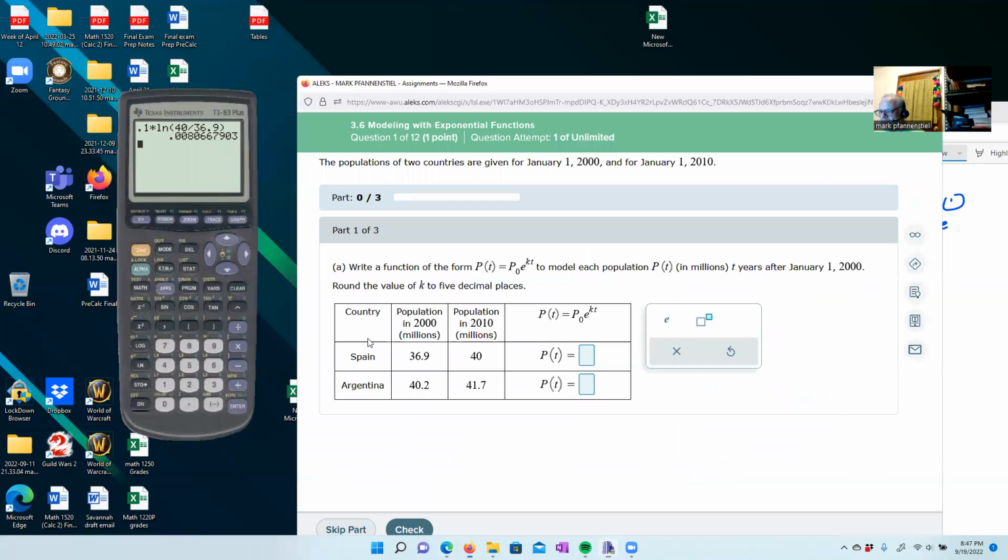So we'll go in here and say, okay, what do we want? We want P of t equals, what's my initial population? It's going to be 36.9.